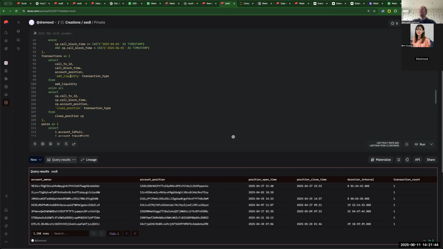For the rest, like claim fees and all the others, I excluded them because I was just interested in events having at least one operation, like add liquidity, because you can't actually do anything with the position without liquidity. So I just filter by add liquidity. And I think Edmund did it a little differently, but the result is the same.